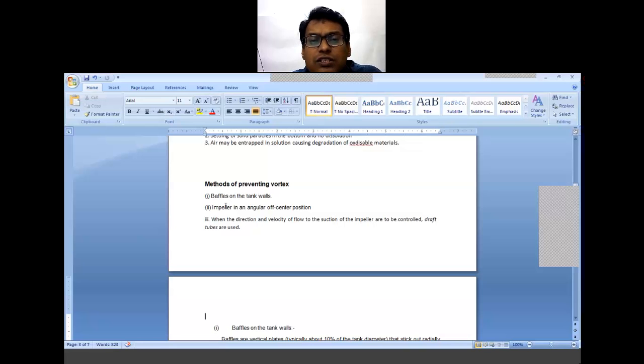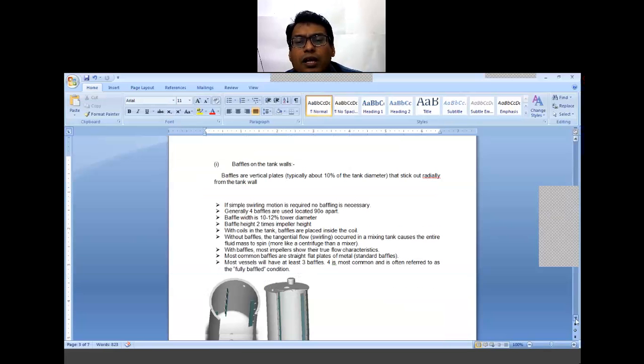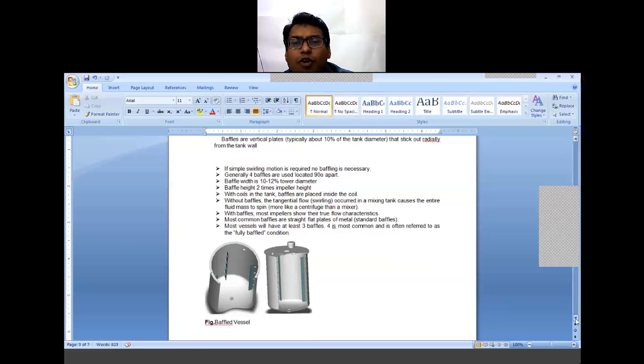The baffles on the tank wall are the most common thing that you can observe. Looking at this figure, the baffles are nothing but vertical plates welded to the vessel wall at four different places at a 90 degree angle.